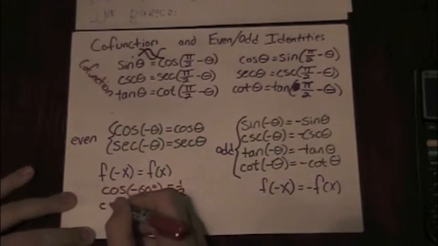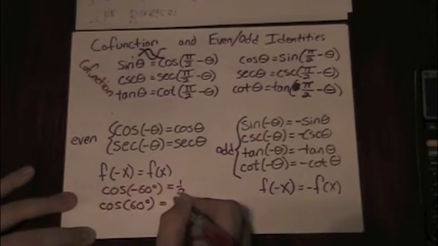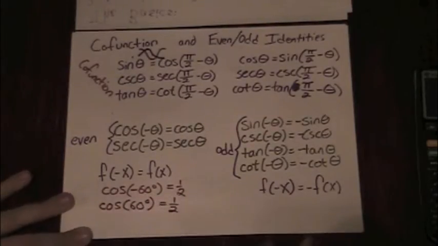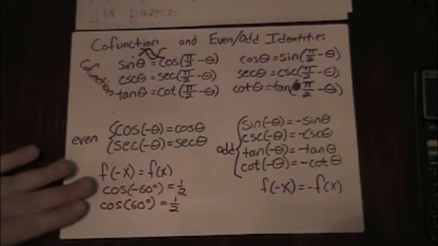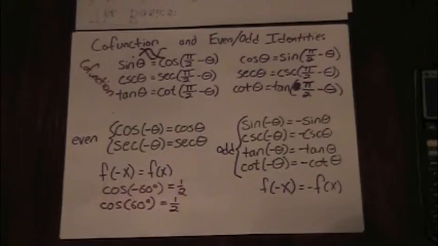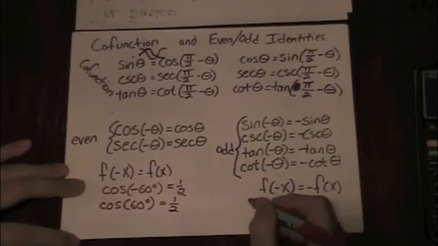This is the same answer I get if I do the cosine of 60 degrees, which also equals 1/2. We could verify these graphically. We could verify them more surely algebraically, but for now I want you to see that this is true just numerically. Over here I could do the same thing.